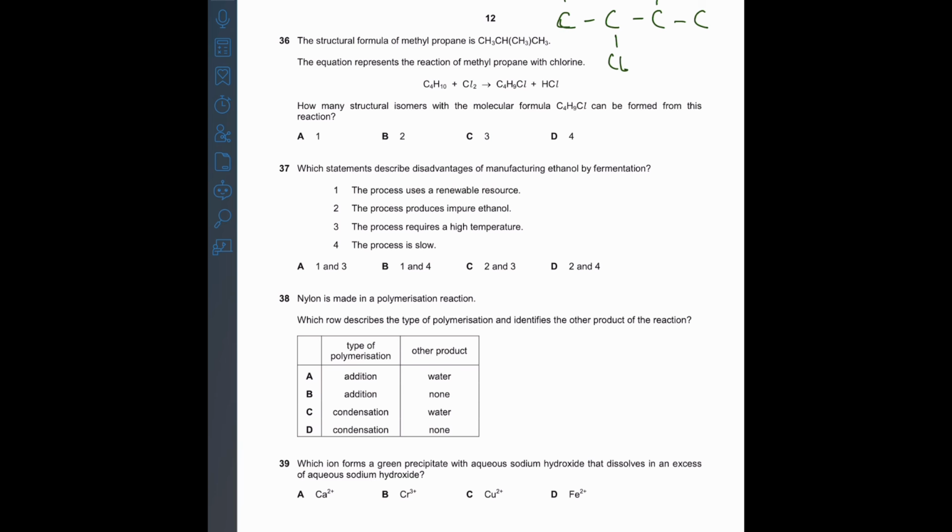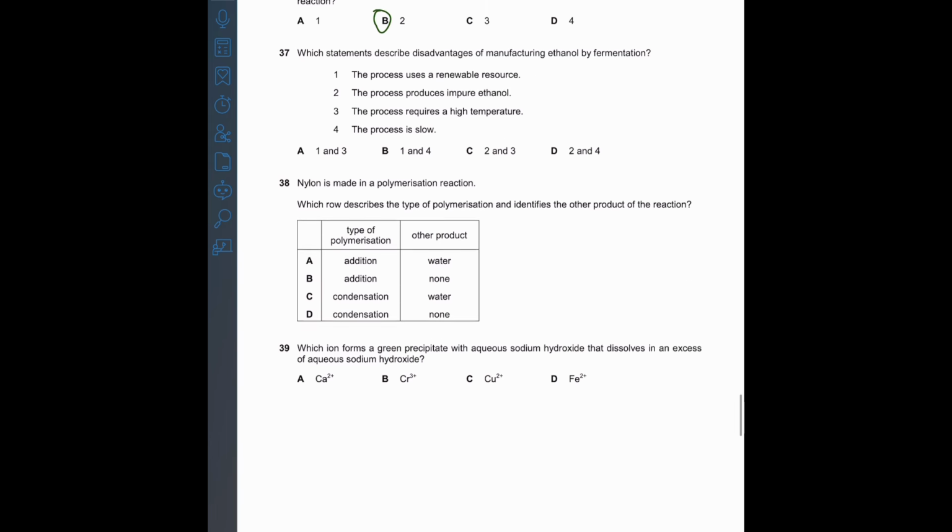It can be here or here, but that's just the mirror image of both. This and this, they are just flipped. So it's either on the middle one or on the last or the first one. So there are only 2 possible ways we can arrange this. So the answer is B.